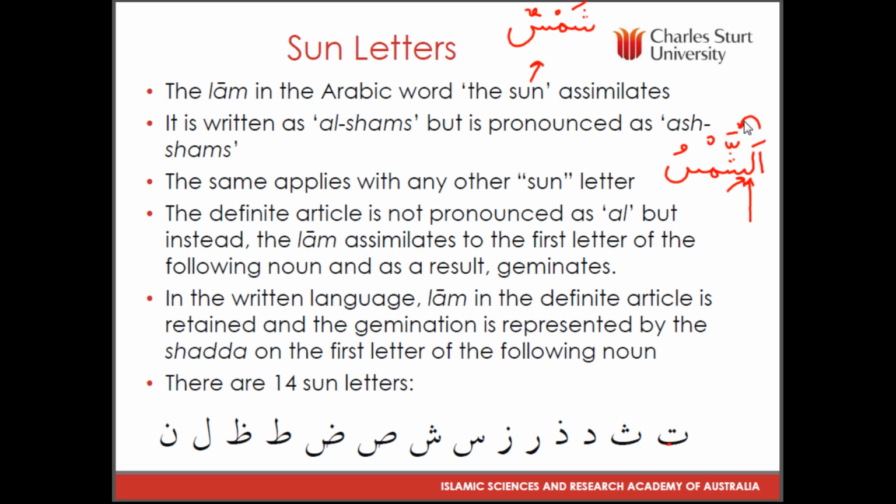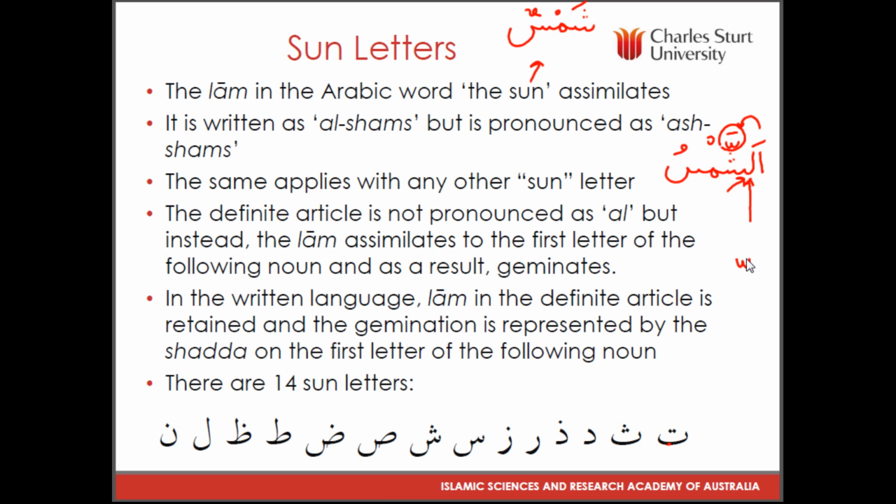In writing, it is always there. The gemination is represented by the shedda. Shedda is this sign, yes. Because we assimilate the lam, how are we going to pronounce it? So we have to use this shedda.